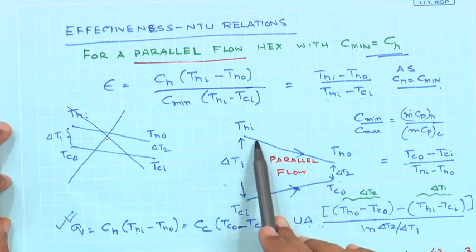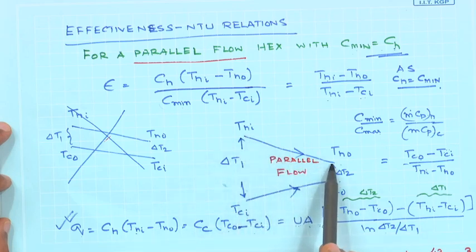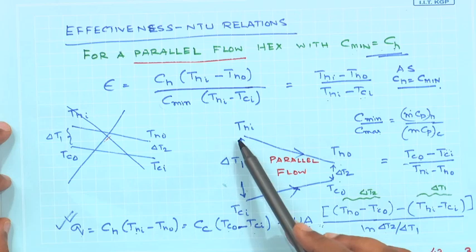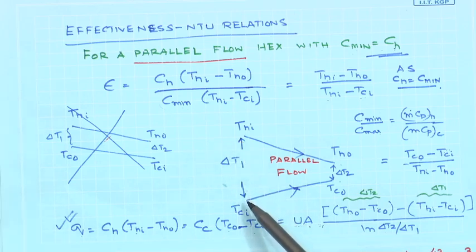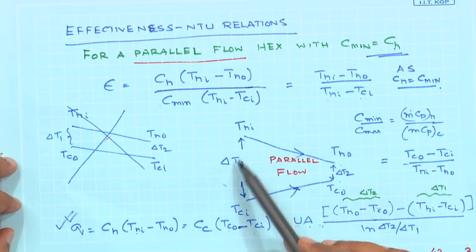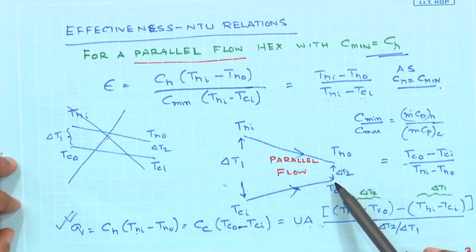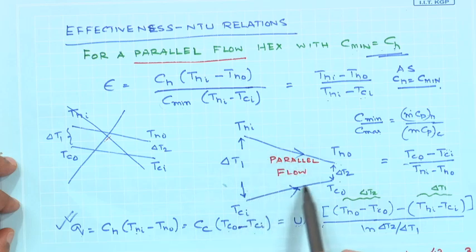So, the hot fluid would decrease from Thi to Tho, whereas the cold fluid temperature would increase from Tci to Tco. The delta T1, which is the temperature difference existing at the inlet, is simply Thi minus Tci, and the temperature difference at the outlet is this difference, whereas in between it is going to vary in a non-linear fashion.